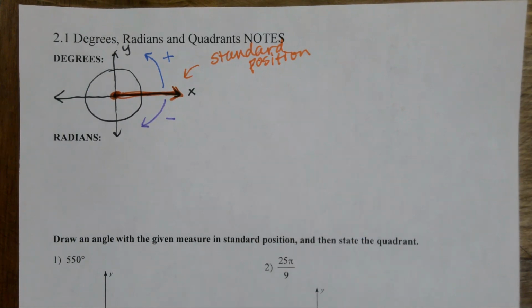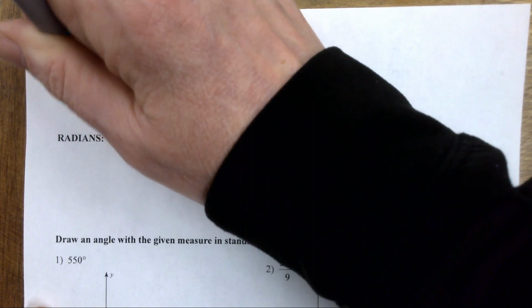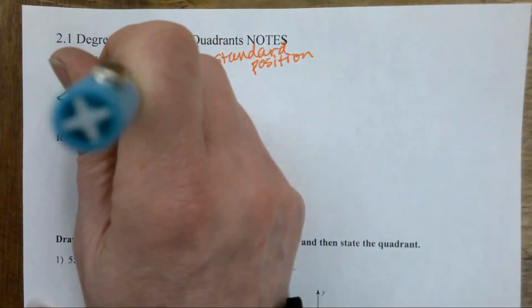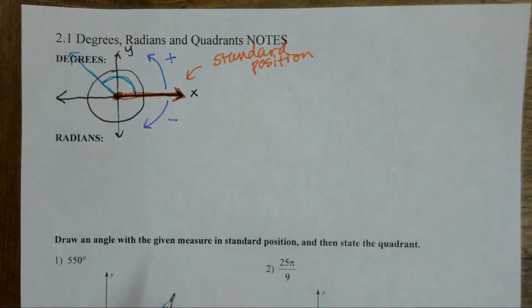If I create an angle, like let's say I finish this angle off, I'm creating an angle and I'm using that little angle mark here to indicate the direction and the size.